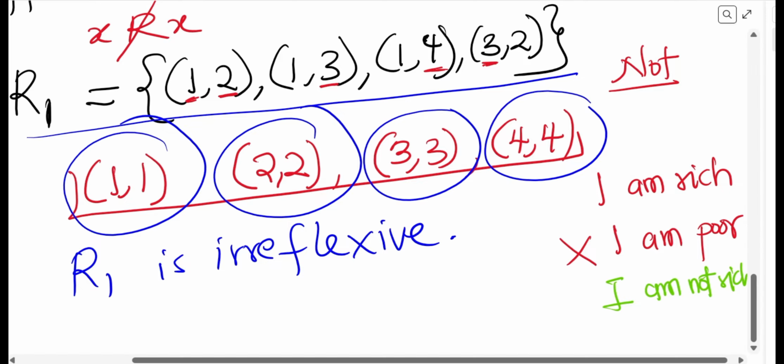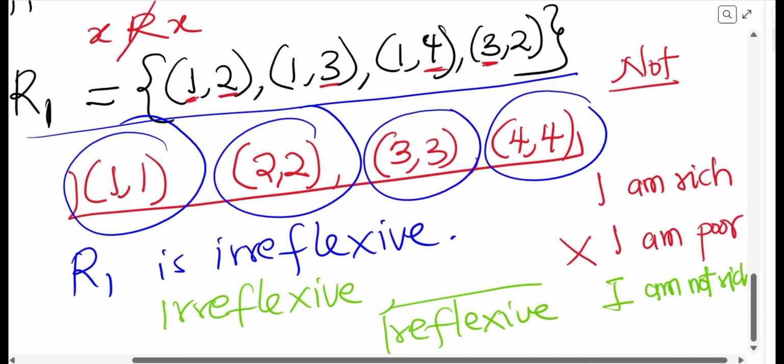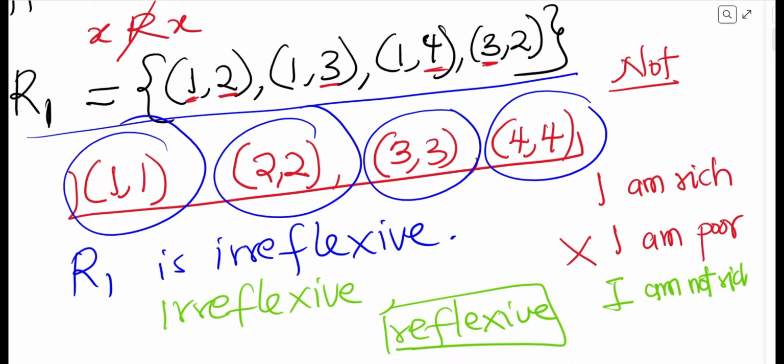So bear in mind, the fact that it is not irreflexive doesn't mean that automatically it should be reflexive. No. Conditions must be met before we can say that this relation is reflexive or irreflexive. You can't just assume that because it is not the other, then it is the other.